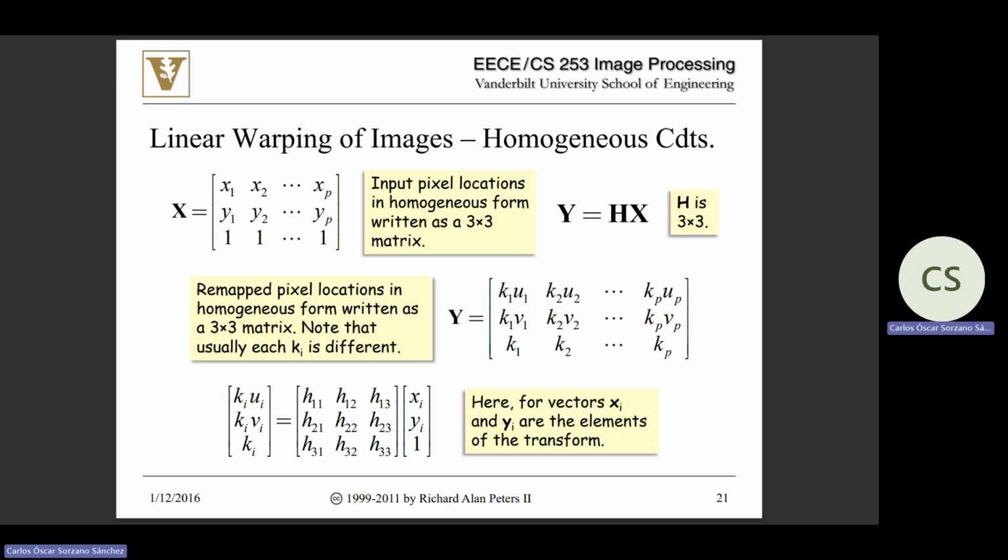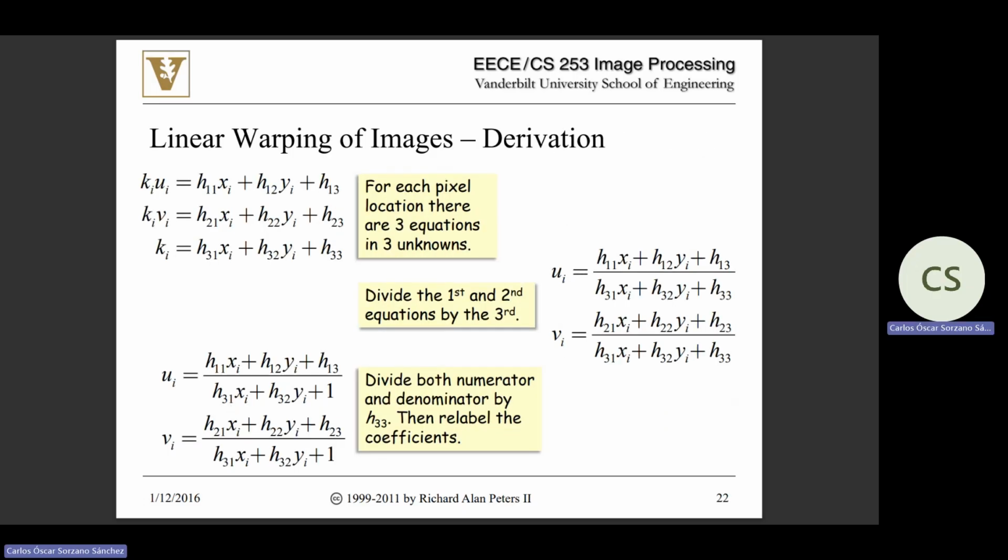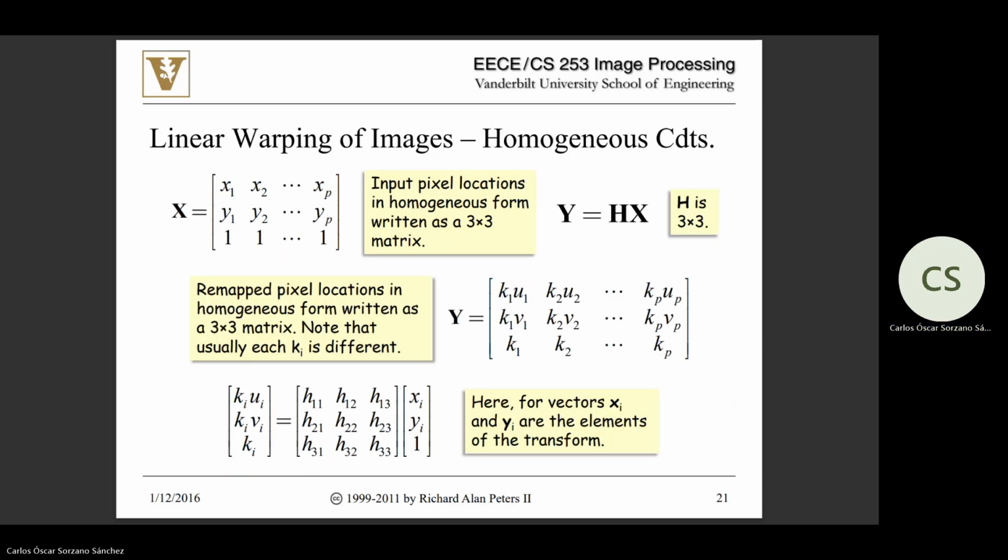Okay, so now let's look for the H. To do that, we will analyze further this equation system. This equation system says when you multiply this matrix times this coordinate, it has to be equal to that one.